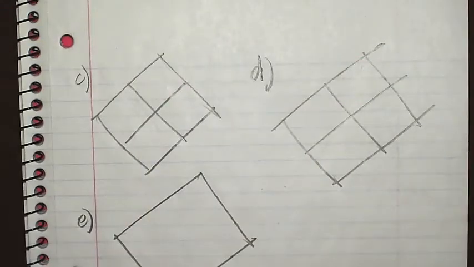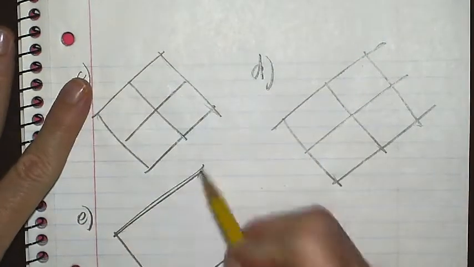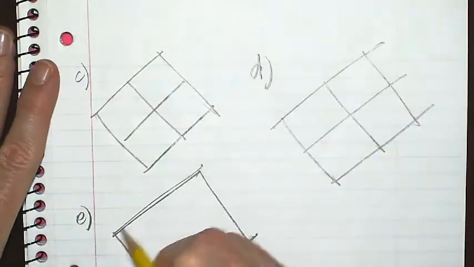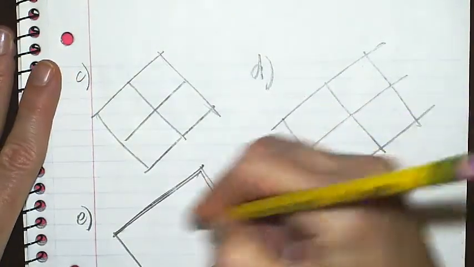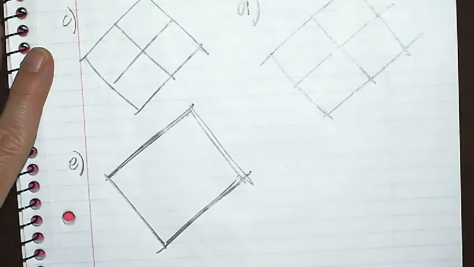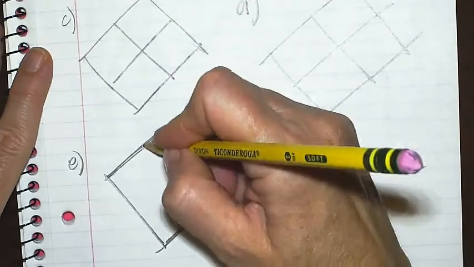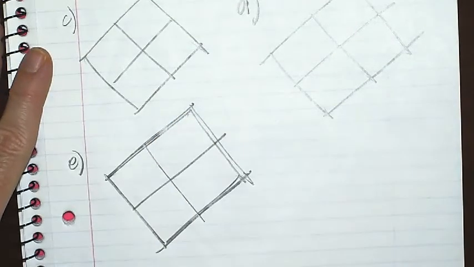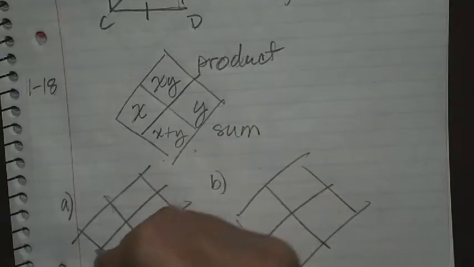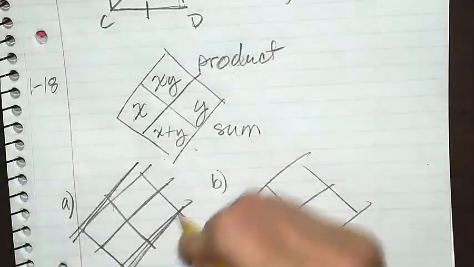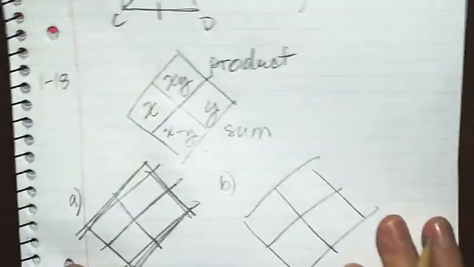And by the way, this is the last one. Also, I should show you how to do this. I do these two sides, and then I do these two sides to make the diamond, and then I do this in the middle. I know some students have a hard time drawing those. Don't stress. You could also just do the X and then do the sides. That one didn't come out too good.